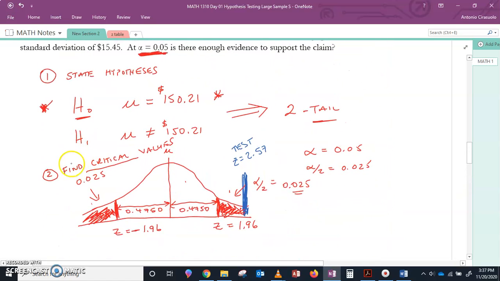So I'm stating this based on this information here, and you can see that we do reject this statement, and that means we're going to accept, or not reject, the alternative hypothesis, and this is more or less what we're stating as our conclusion, that the mean is not equal to $150.21 per night.